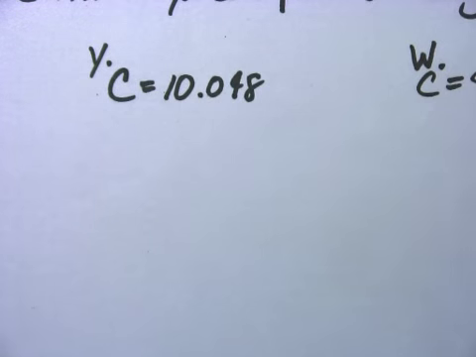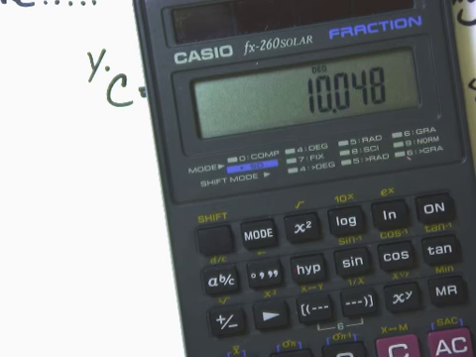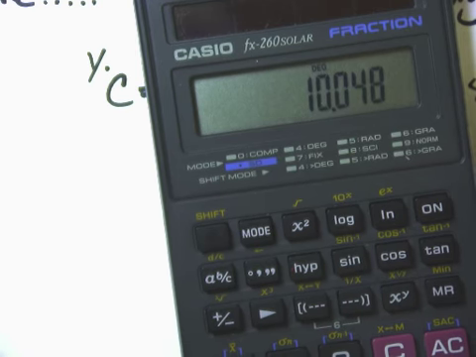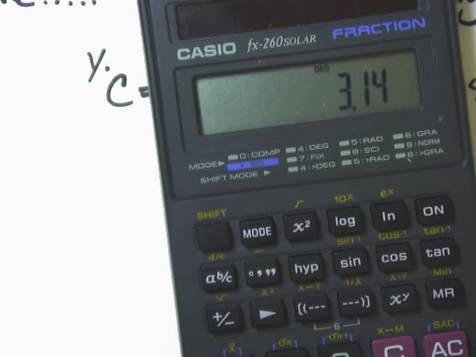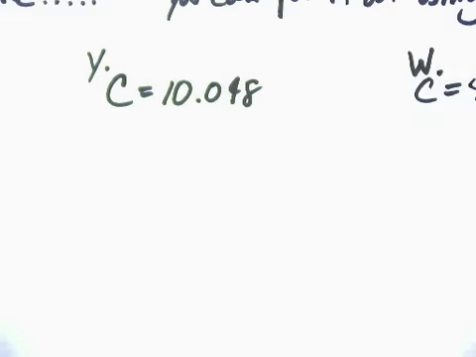Let's take a look at this question here. See if you can do it. Take 10.048 and put that in terms of pi. Take a second to do that. Okay, so we start off with our number 10.048. And we want to put that in terms of pi. So what I'm going to do is divide out the pi. I'm going to divide by 3.14. When I do that, it gives me 3.2.